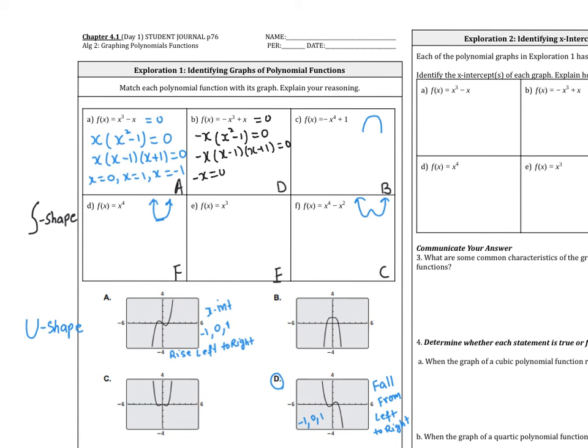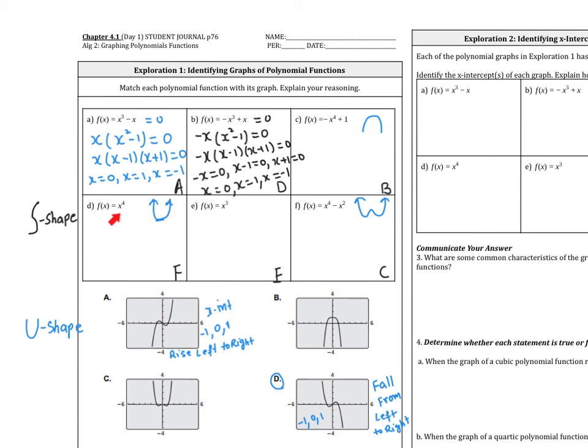Put them equal to 0 one by one. And then you solve for x. So this one, x equals 0, x equals 1, x equals negative 1. So the same thing that you got from the graph: negative 1, 0, and positive 1.